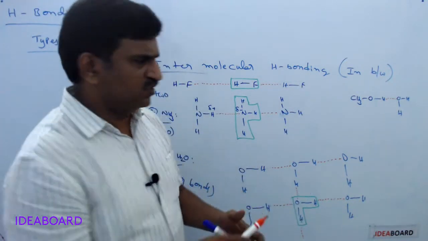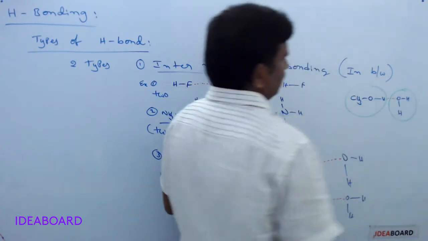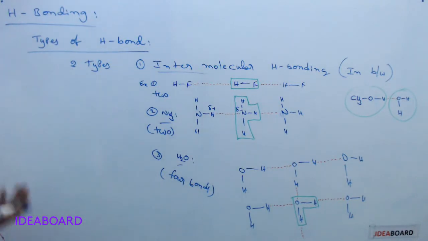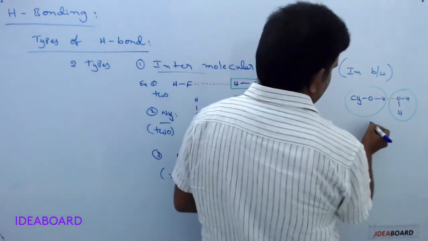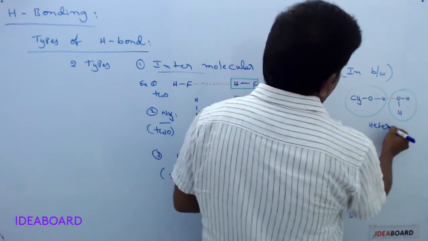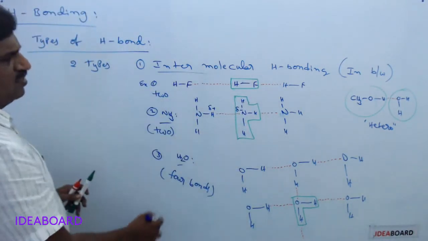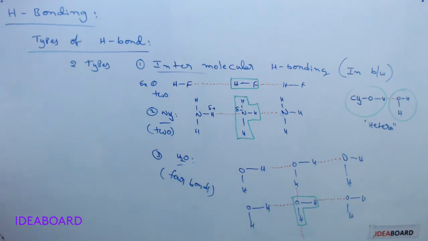This is one type of molecule, methyl alcohol, and this is another type of molecule. So between two different types of molecules, if hydrogen bonding is present, that is hetero intermolecular hydrogen bonding, and all these are examples of homo intermolecular hydrogen bonding.